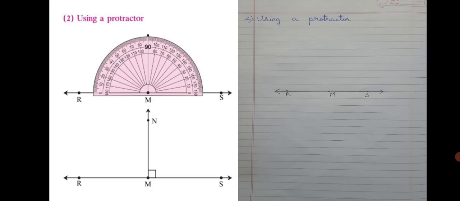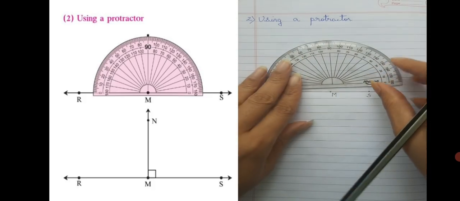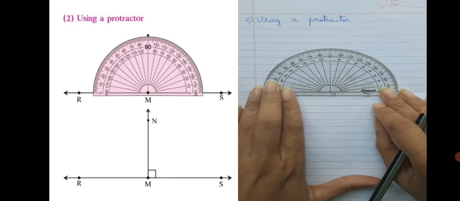So what we have done here, we have drawn a line RS and we have taken a point M anywhere on the line. Now in order to draw perpendicular through M, place the center of the protractor on point M as shown here.